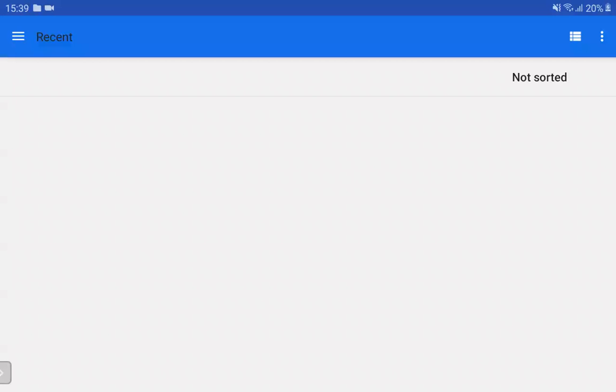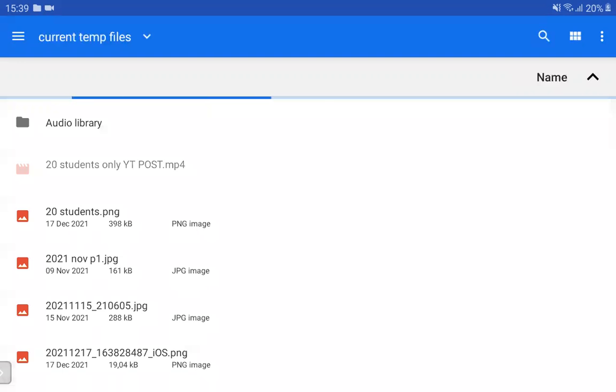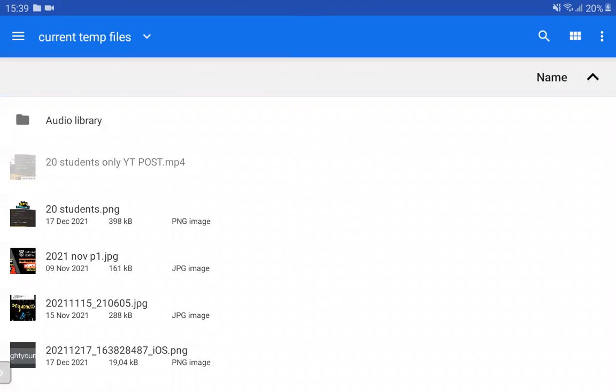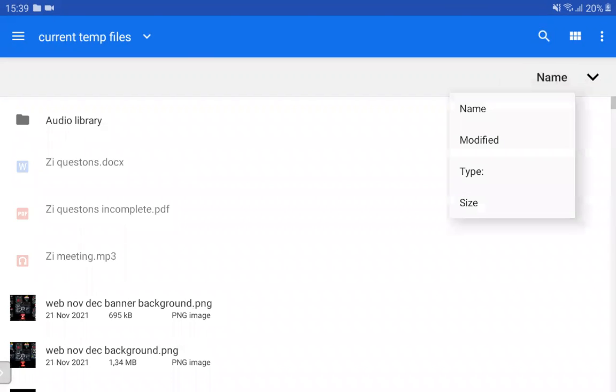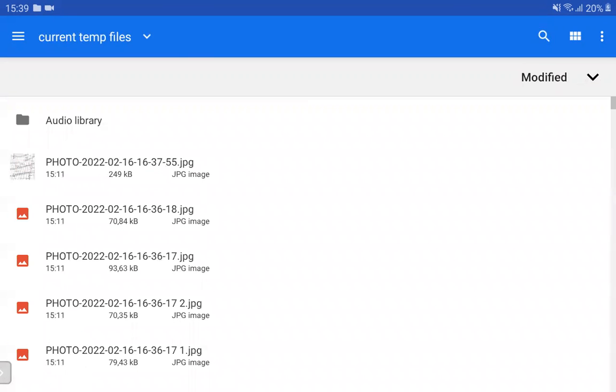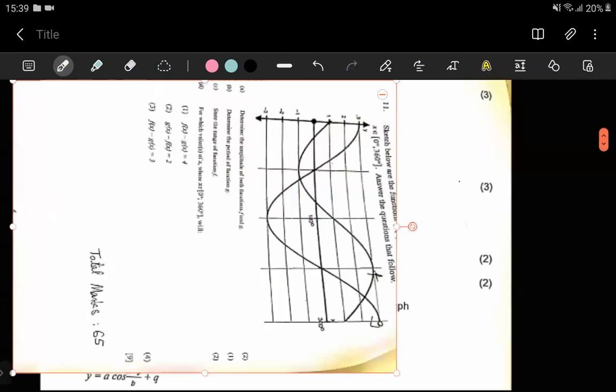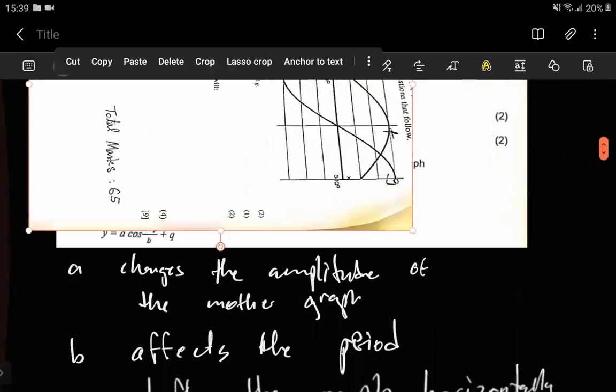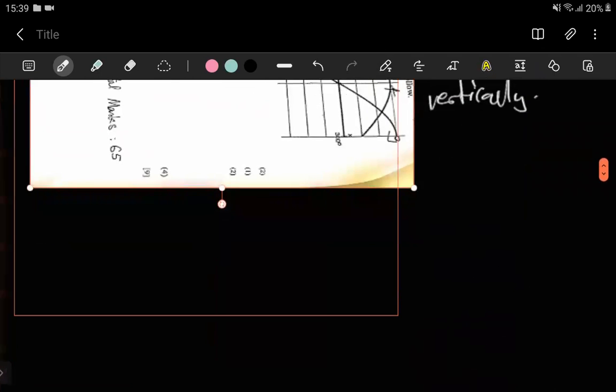Second last. Let's see here. Modified. Where's this thing here? Okay, my guess is this one. Ah, nice guess. Let's see.